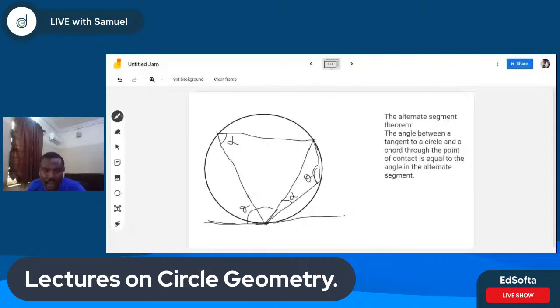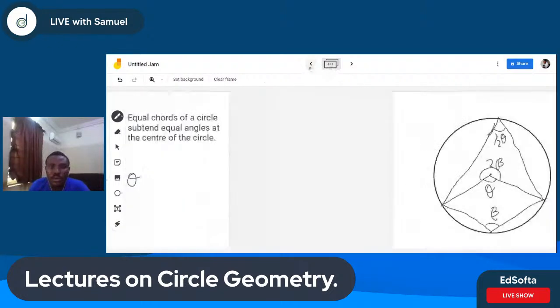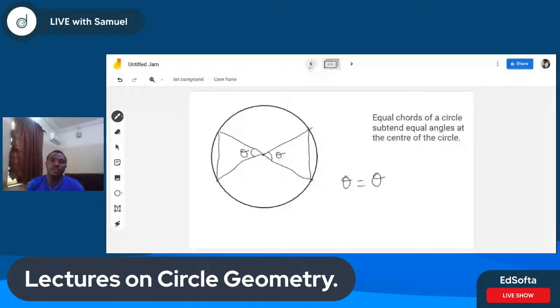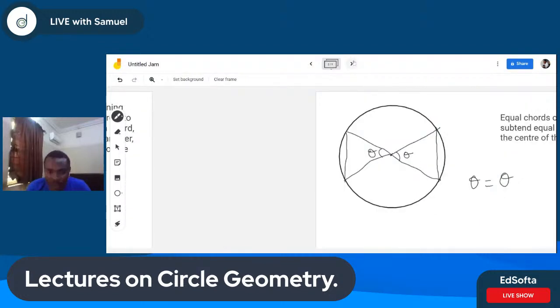So I've looked at nine different theorems, and you will use these theorems to answer your questions on circle geometry. It could be the straight line joining the center of the circle to the midpoint of a chord, which is not a diameter, is at right angle to the chord. It could be whatever.